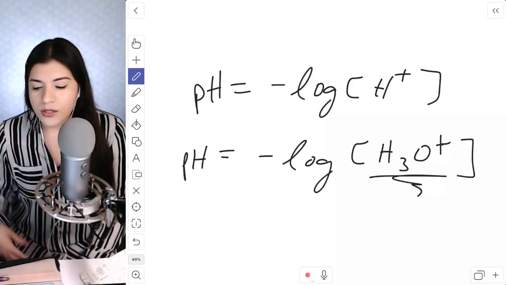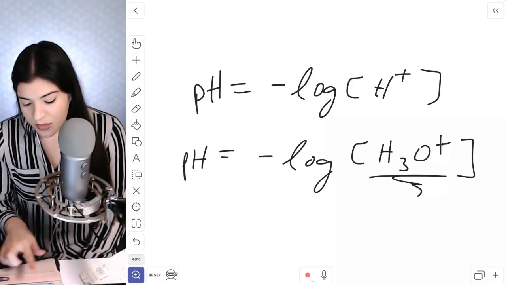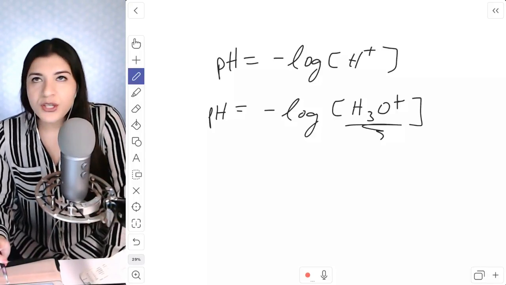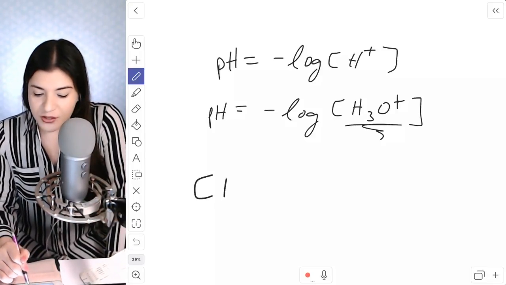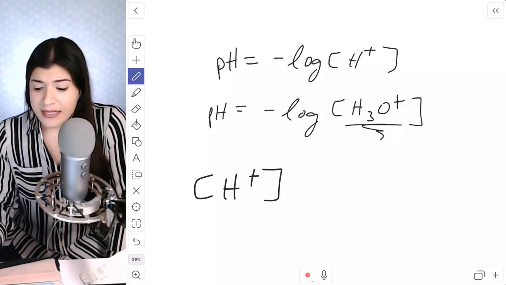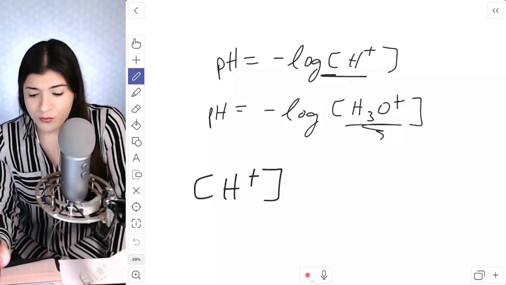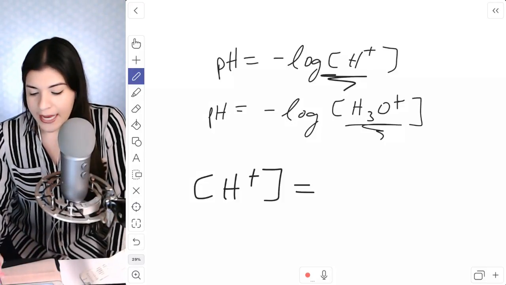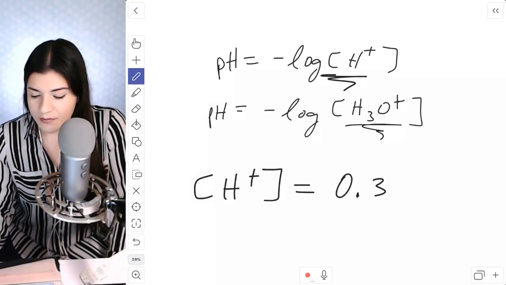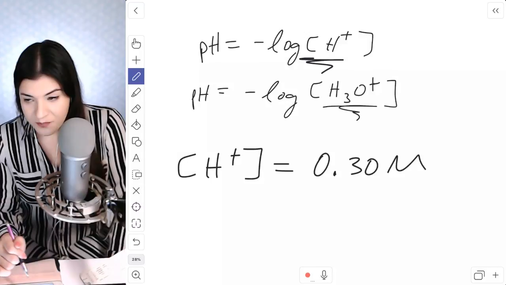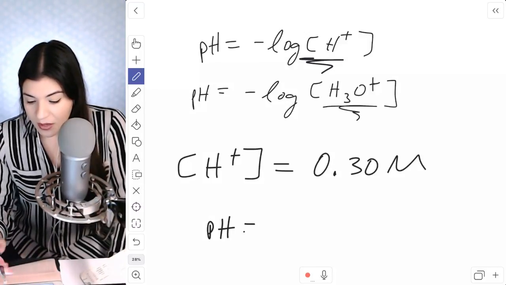Theoretically, what you would do is use this formula that I just wrote down. You would figure out how much concentration of your acid you have, and pretty much just plug it into this formula. Take the negative log of, let's say our concentration was 0.30 molarity of our acid, and you would plug in that value.